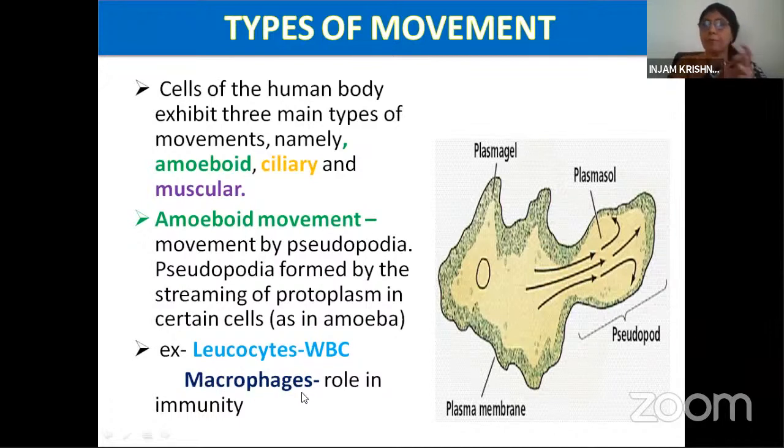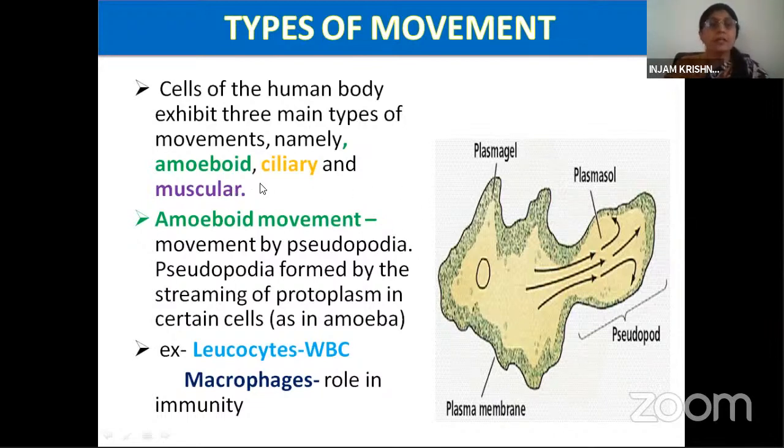Macro means big. Phages means engulf or eat. These macrophages engulf the pathogens which are causing our disease. So their role is vital in immunity, because these macrophages activate our immune system by engulfing the pathogens. In which method? In amoeboid movement.